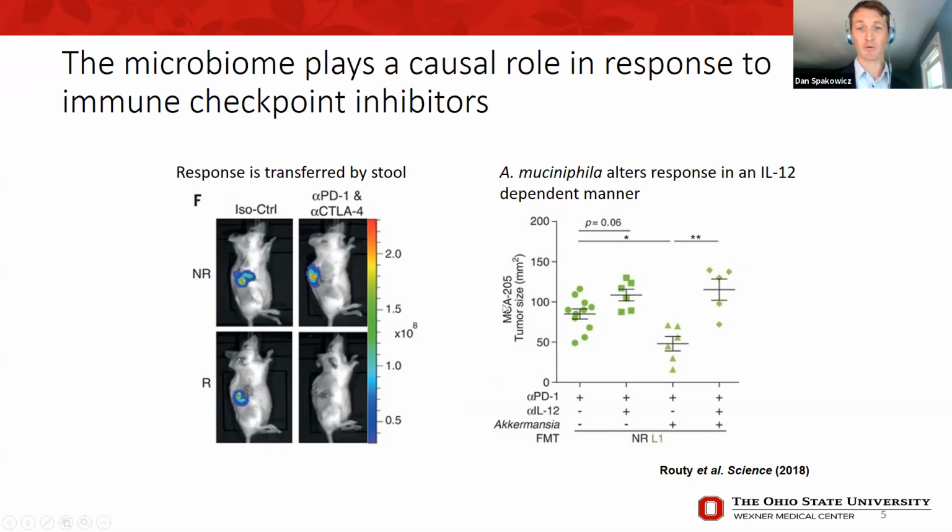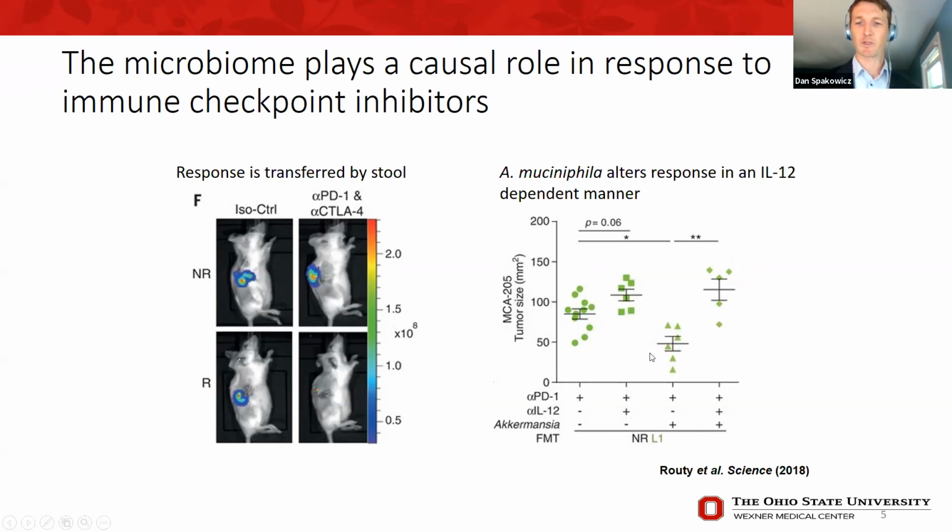So now what I'm going to show you on the y-axis here is the size of different tumors. This first column is in the context of non-responder stool treated with PD-1. It's a replicate of this experiment here, now shown over many different mice, measuring the tumors of each. Each of this, you can imagine, is the measurement of tumor volume here. So this is the size of a tumor treated with PD-1 in the context of non-responder stool.